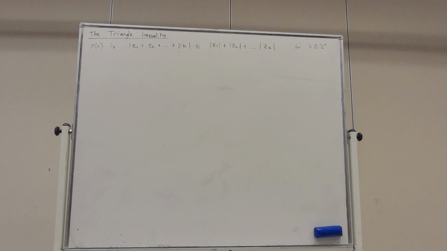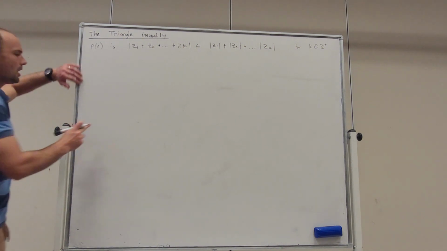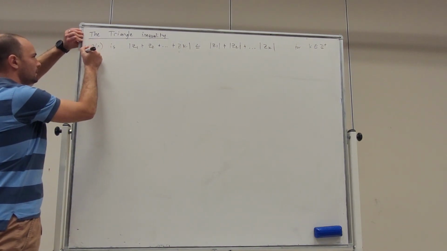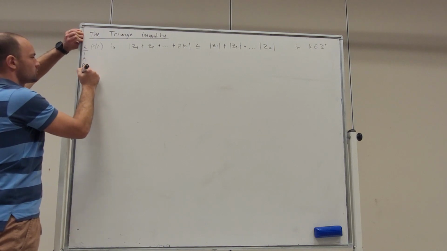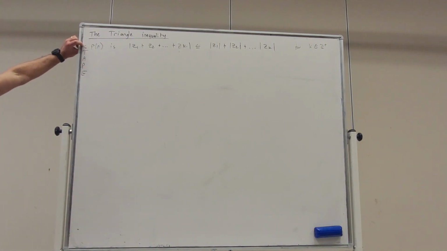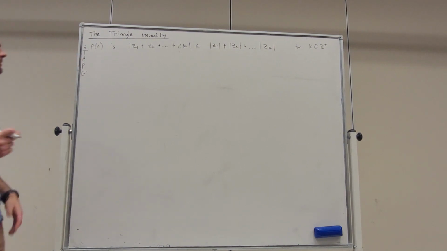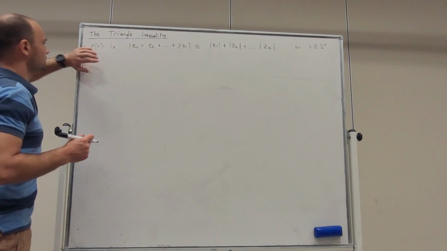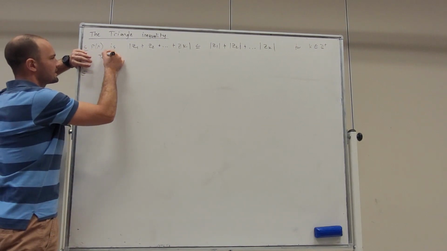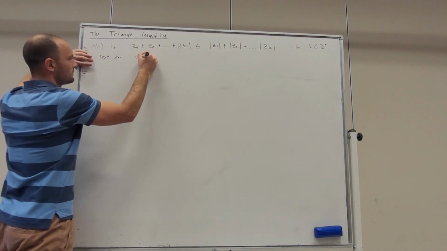Okay, so that's our proposition. So from PMI, I always like to remember: state the proposition, test the proposition, assume P of K, prove the proposition, and then explain. All right, so we've stated our proposition, we're on to test. So let's test for n equals 1.